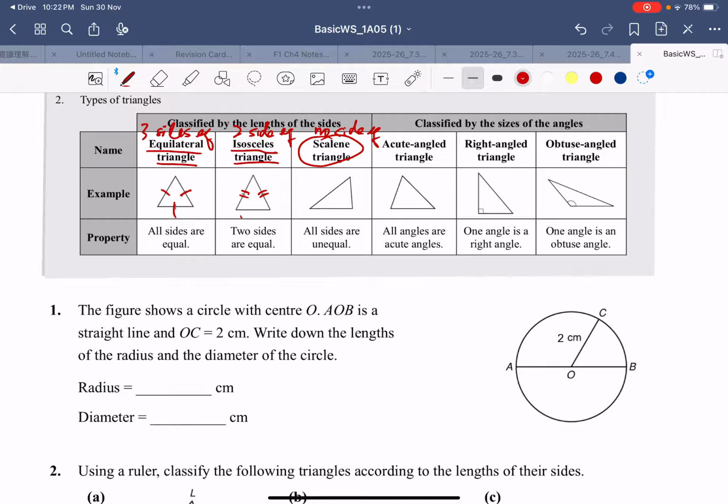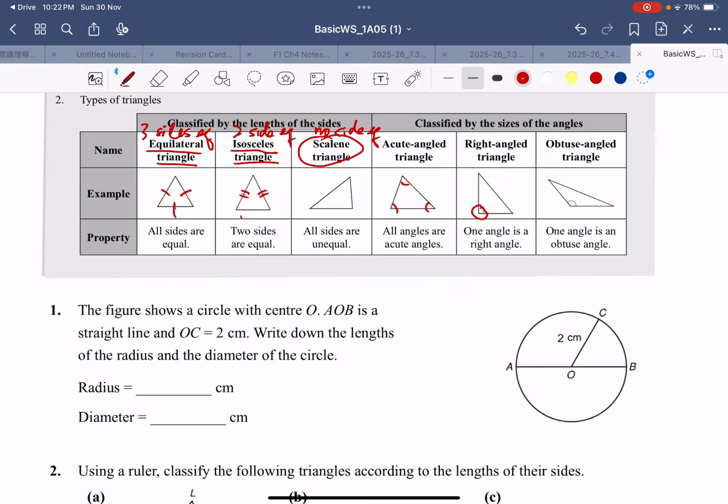And then classify by size of angles. You look at the interior angles, to be exact. If all three angles are less than 90 degrees, all are acute, so this triangle is called an acute angle triangle. With a right angle here, this triangle is called a right angle triangle.